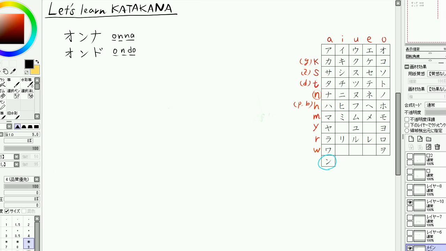If I were to pronounce "onna", this means female. "Ondo", this means temperature. So in these cases, these N are pronounced as N. Yeah, of course, it's N, so it's N. Very easy. But there's a good reason for that.